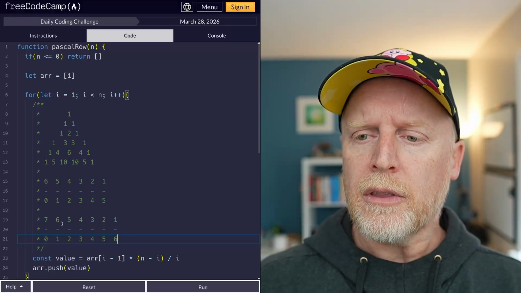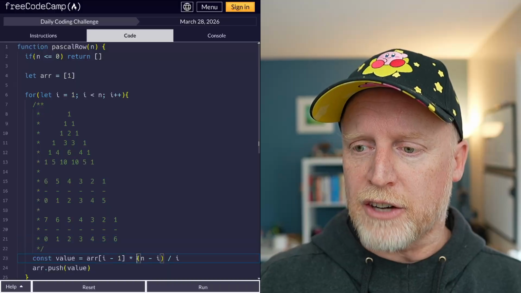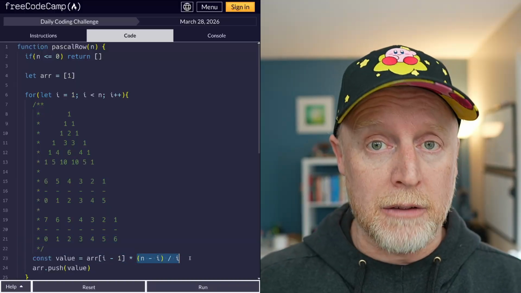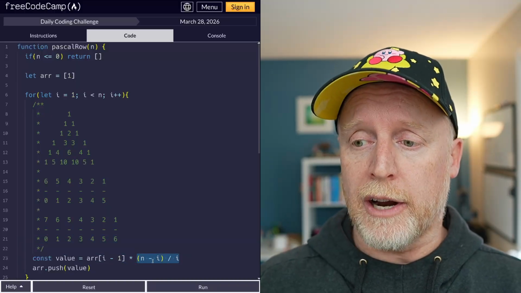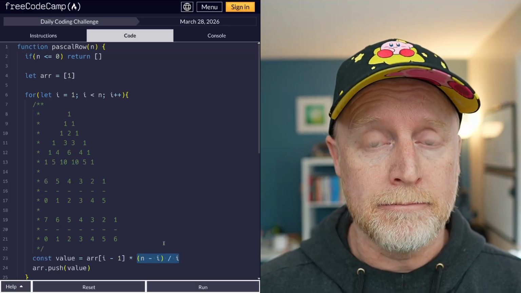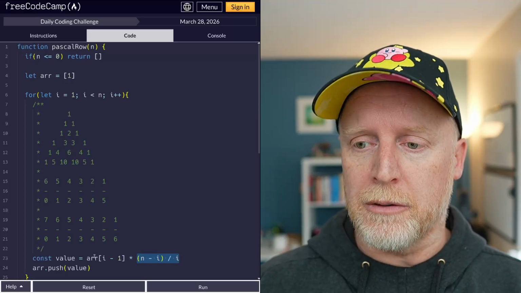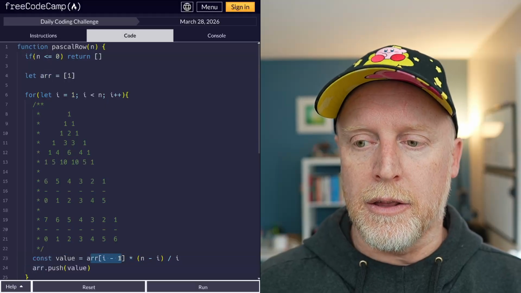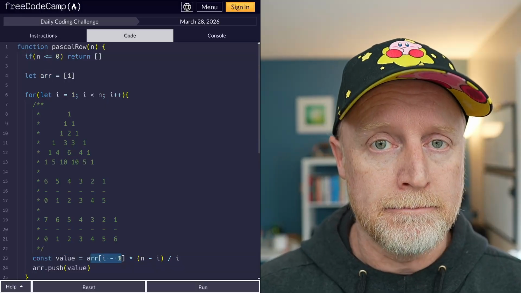So the way that these fractions are flipping, inverting as we go along, makes the magic happen. And then all we do is multiply that fraction by the previous array item.